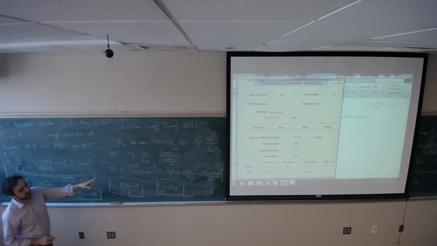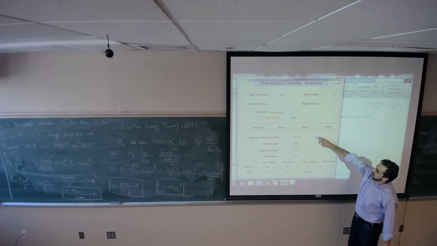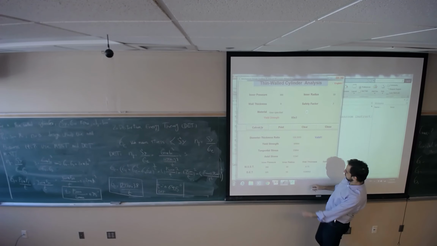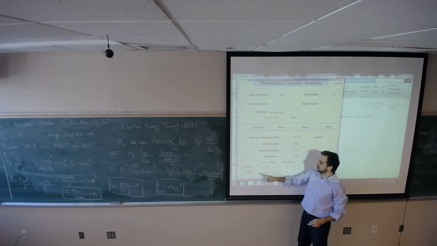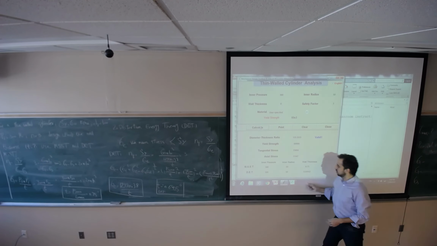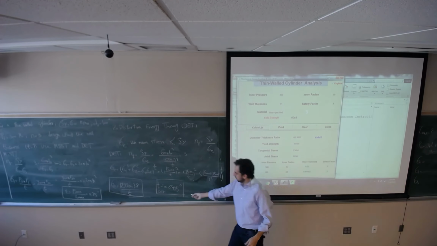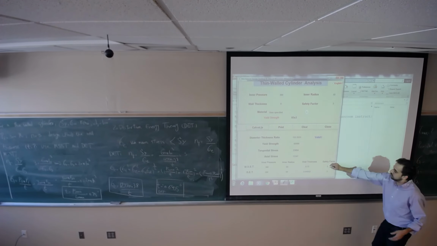And then if I click calculate, it's gonna give your wall thickness. Wall thickness for maximum shear stress theory should be 0.75. For distortion energy theory it should be 0.6495, which I got there. And the safety factor is the same for both.